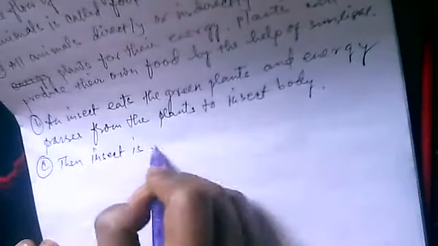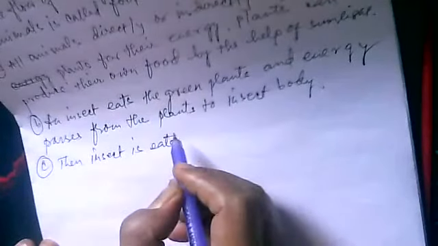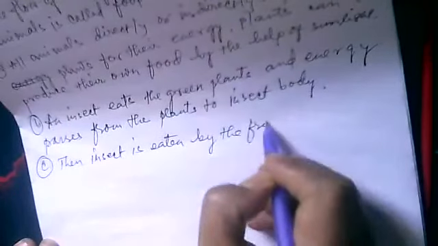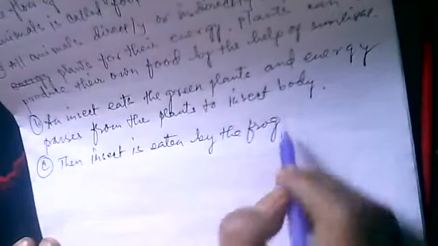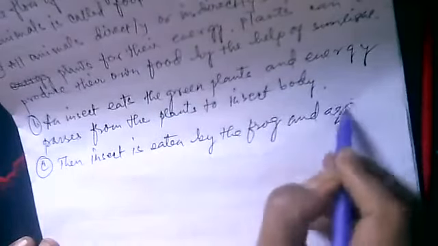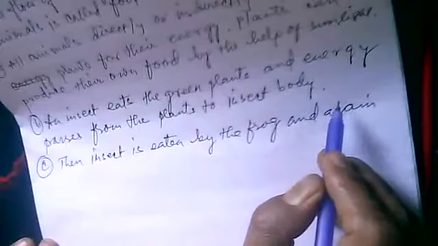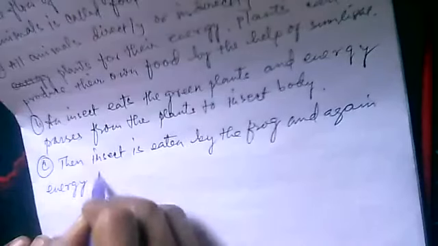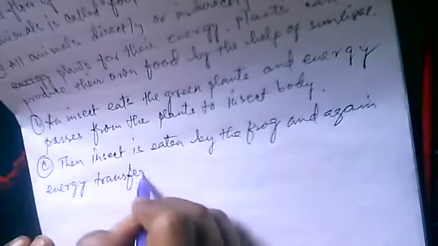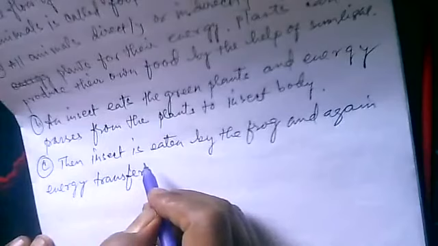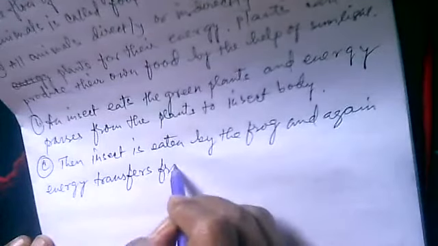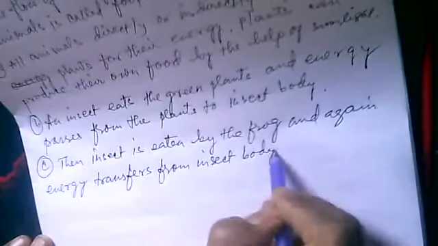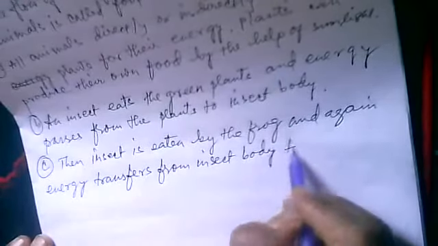Point C, the insect is eaten by the frog. And again energy transfers from the insect body to the frog body.